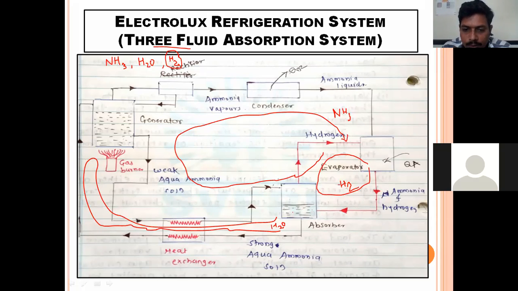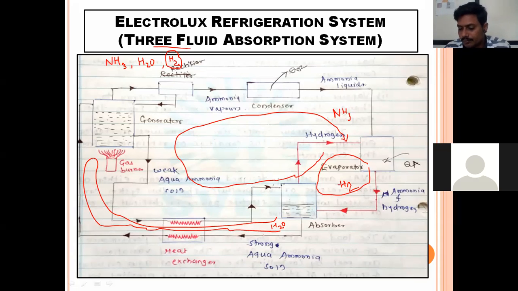Flow of water will be limited to absorber to the generator, and from generator to the absorber. Whereas the flow of ammonia, which is used as a refrigerant, is throughout the whole system, that is from absorber to generator, generator to rectifier, rectifier to condenser, condenser to evaporator, evaporator to again absorber.